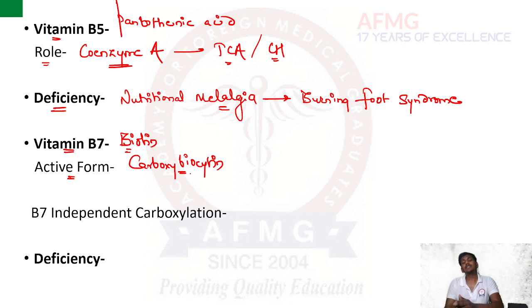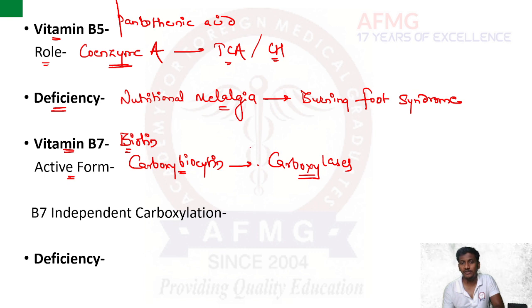Okay, and as we are all quite aware, biotin is the major coenzyme used for carboxylases. All of the carboxylases in the carboxylation reaction will use biotin as their coenzyme, except some of them that I'll discuss. So please remember, major carboxylases like pyruvate carboxylase, acetyl coenzyme A carboxylase, or propionyl coenzyme A carboxylase, all of them will use biotin as their coenzyme.